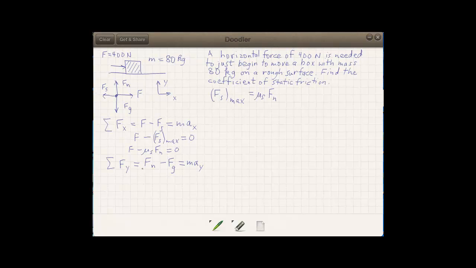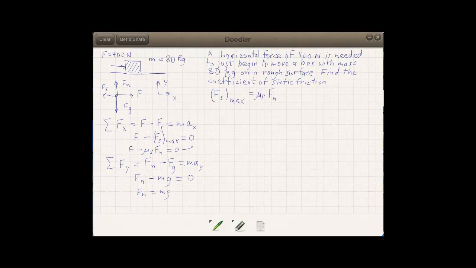The normal force we don't know; we're trying to solve for F sub n, but we do know that the gravitational force is just mg. On the right-hand side, the acceleration in the y direction is 0, because the object is going to slide horizontally. It's not going to jump up off the surface. The normal force thus gives us F sub n equals mg, and we can plug that into the first equation.